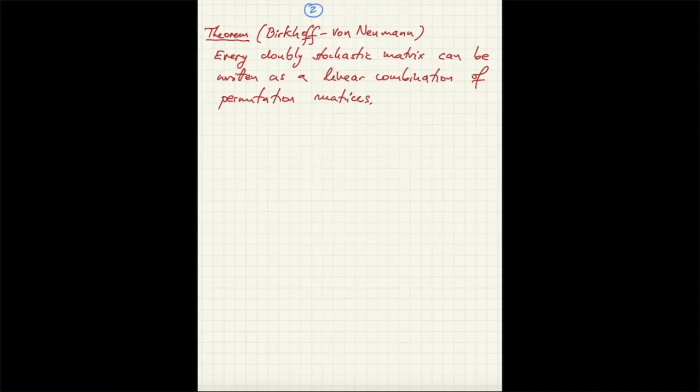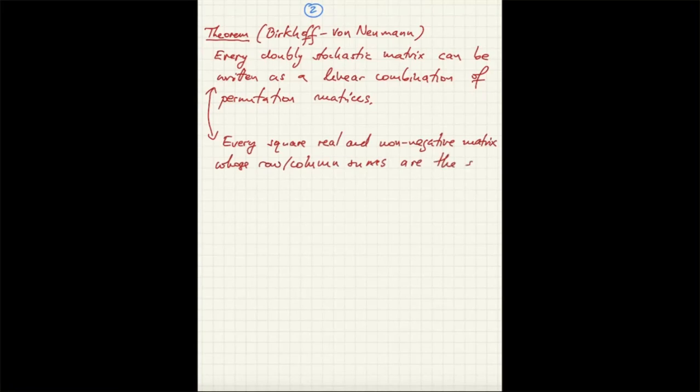It makes it easier when we do the induction step, and we'll prove something of the form: every square, real and non-negative matrix whose row and column sums are the same can be written as a linear combination of permutation matrices.